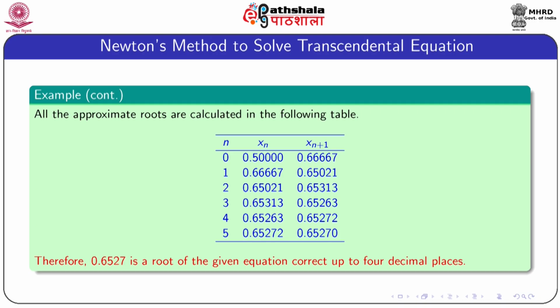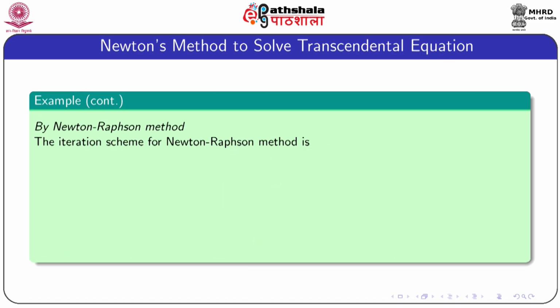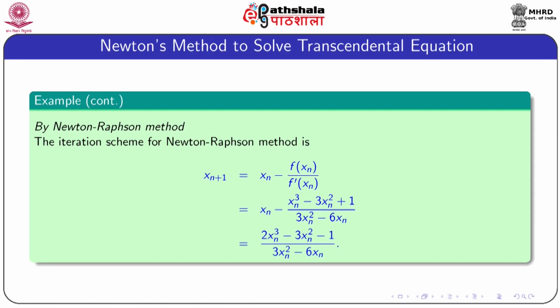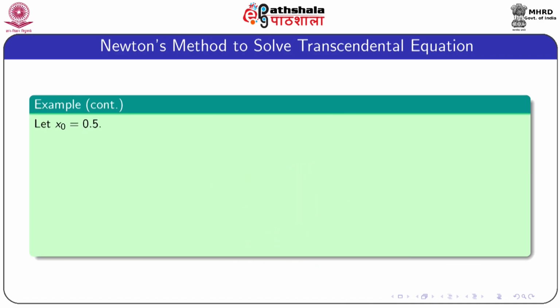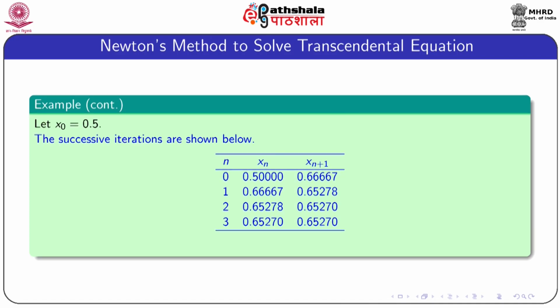That means 7 iterations are required to achieve this root, while the standard Newton-Raphson method gives the following iteration scheme, and after simplification the iteration scheme is 2 into xn power 3 minus 3 into xn power 2 minus 1 whole divided by 3 into xn power 2 minus 6 xn, and all the iterations are shown below starting from the initial guess x0 equal to 0.5.